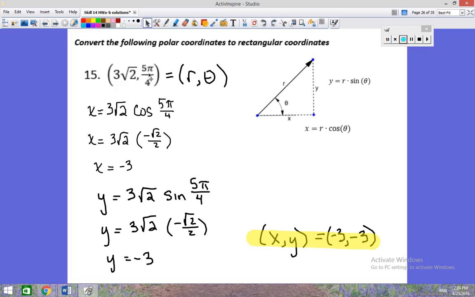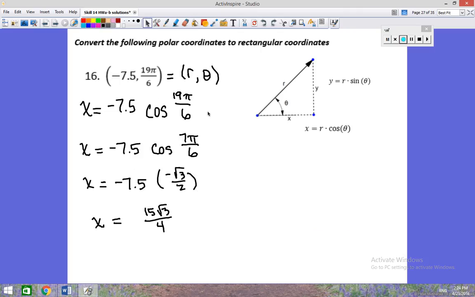If they give me a point that is not a known coordinate on the unit circle, then I can use my scientific calculator and estimate the angle measure, estimate the ratio. So this is what I get for number 15.